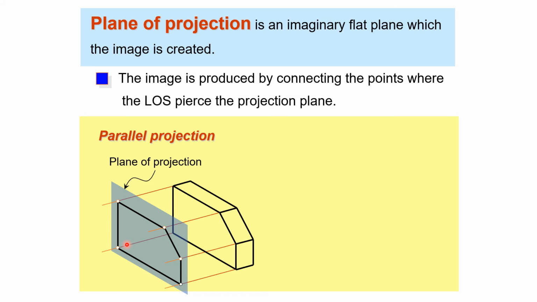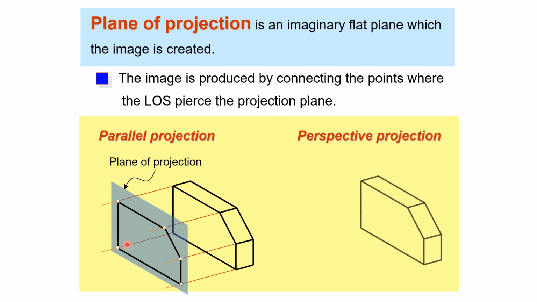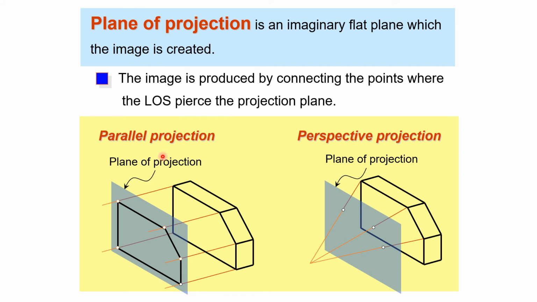Now let's see the perspective projection. Here all the lines converge at one point in the perspective projection. Second, third, fourth, fifth, now joining these points. Here you get the perspective projection.